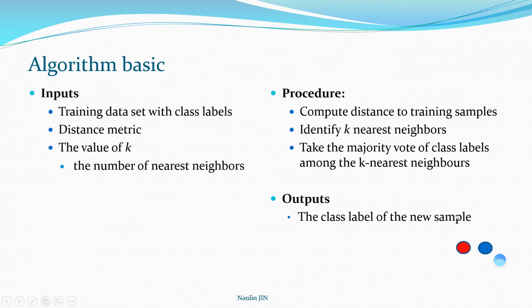Then we use the voting mechanism to see, among the k, like 3, how many more samples are close to the square than the other group. Then we use majority voting to determine whether it is blue or red. So this is the basic concept of k-nearest neighborhood.